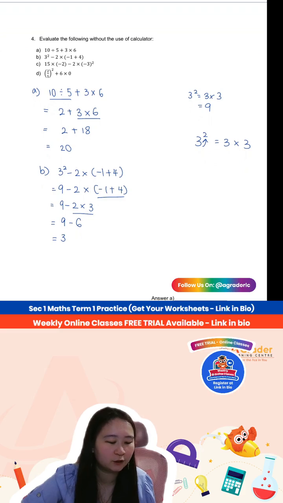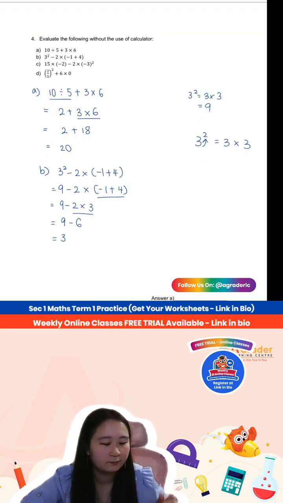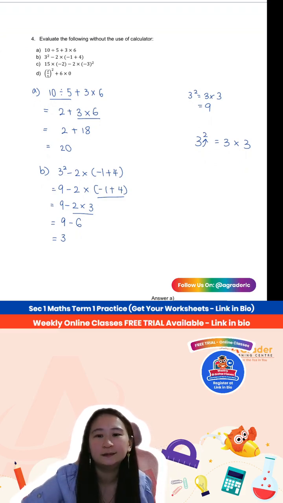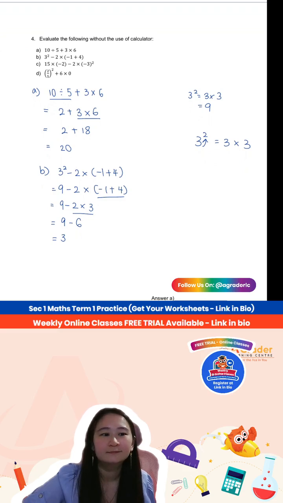Technically, for the 3 square and the brackets, it can be done concurrently because they are not affecting one another. Those who are done can move on to part C.